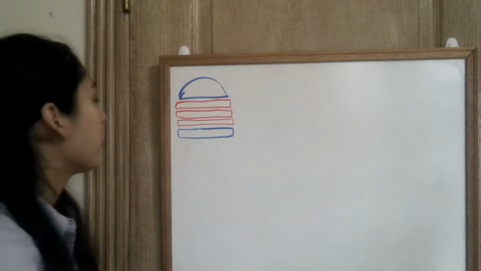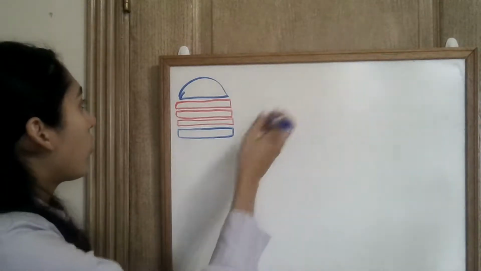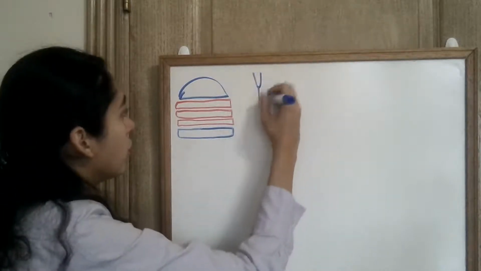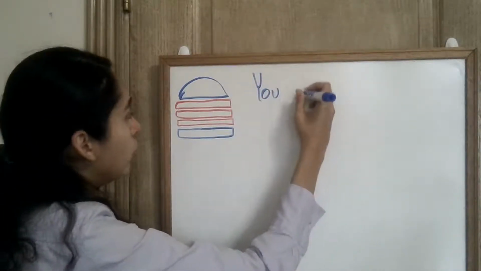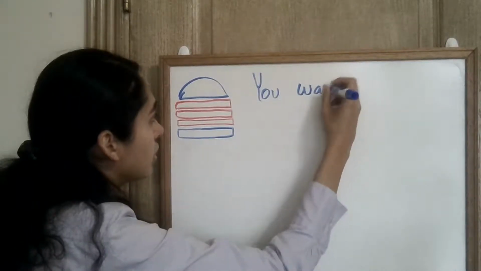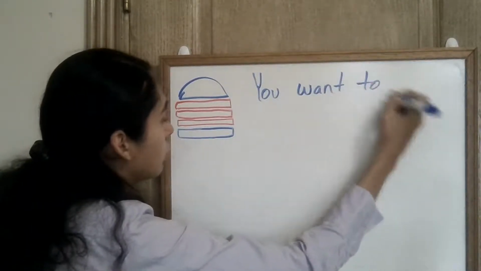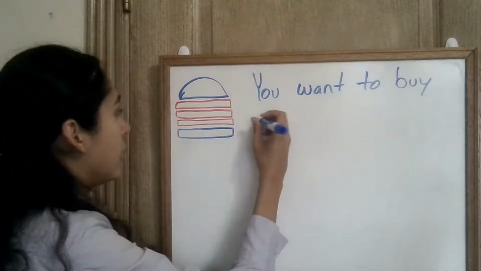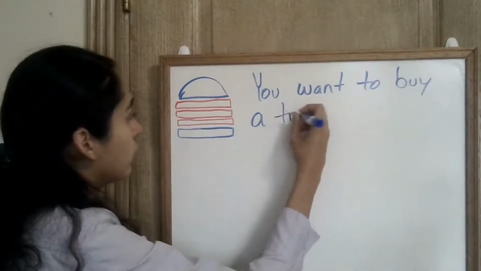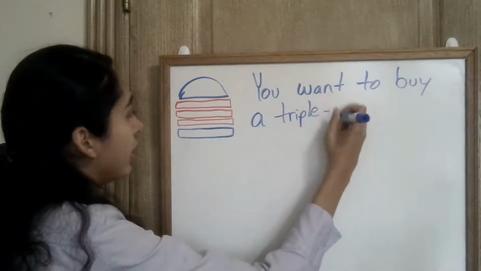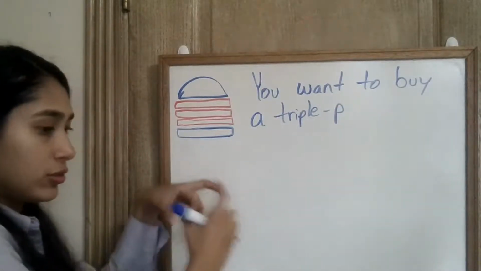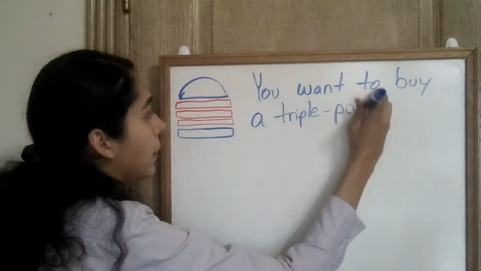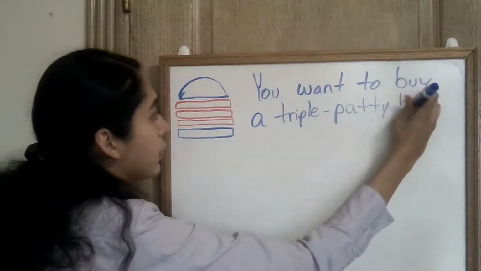So let's say you're really hungry and you want to order, you want to buy a triple patty, and by patty I just mean the little meat-sized disc, triple patty burger.